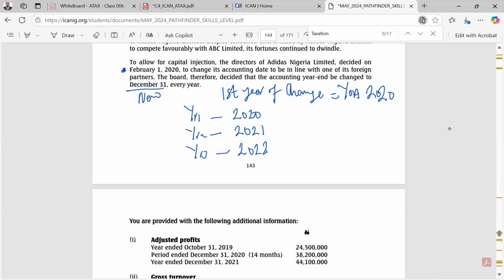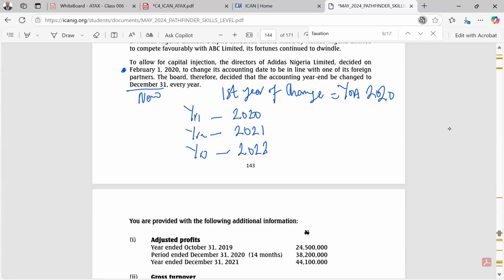It's just like saying the date that Finance Act 2019 came into effect, February 1, 2020. And what happened on February 1, 2020?